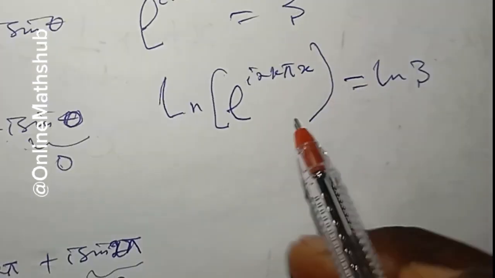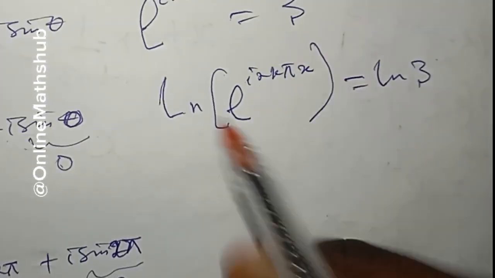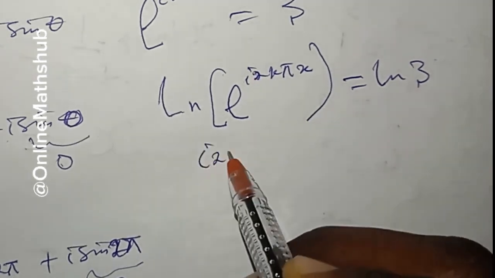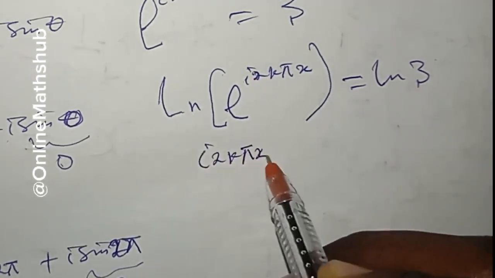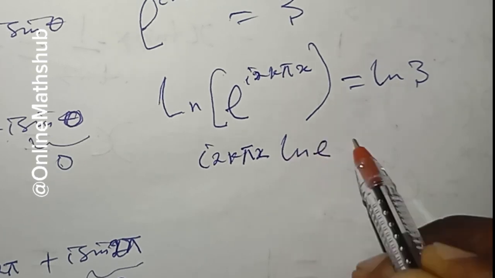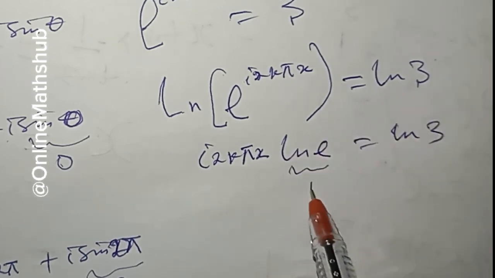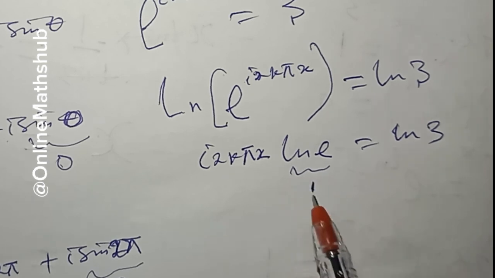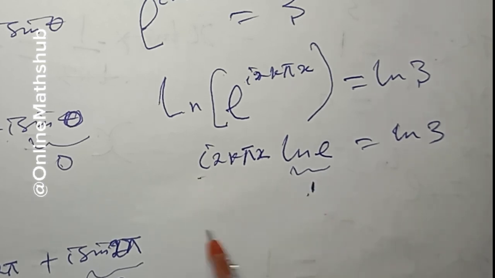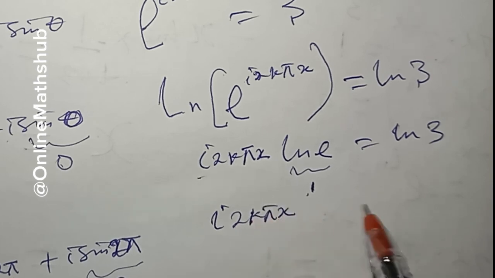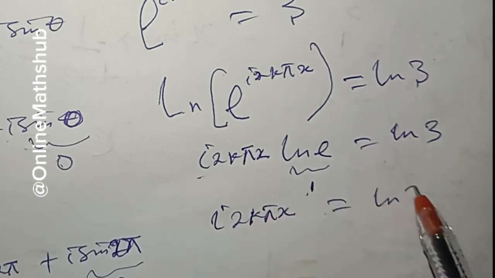Utilizing the property of logarithms, I'm going to bring all of this down so that this gives me i 2k pi x times the natural log of e, equal to the natural log of 3, and obviously the natural log of e is equal to 1. So I'm left with i 2k pi x equal to the natural log of 3.